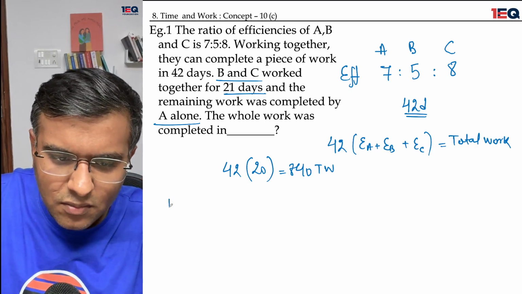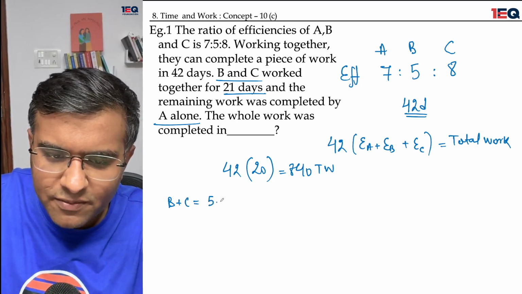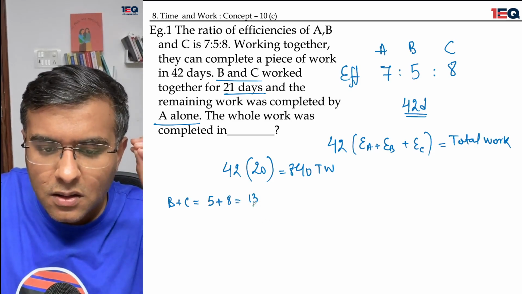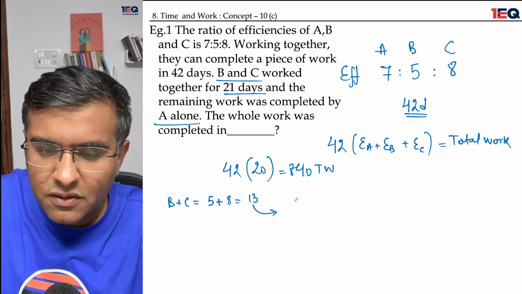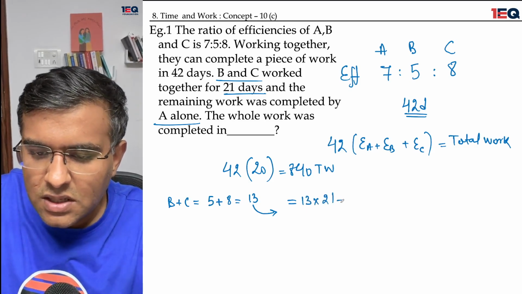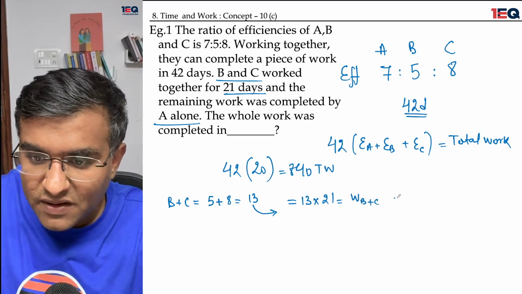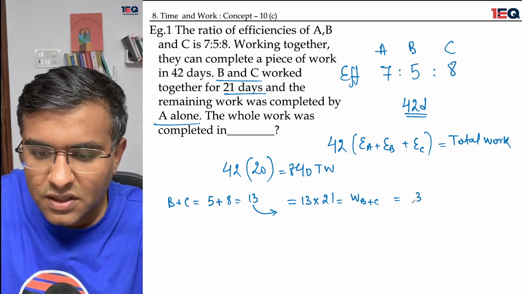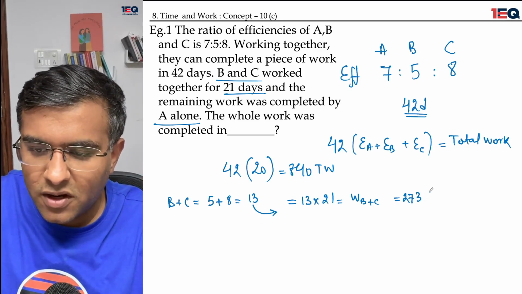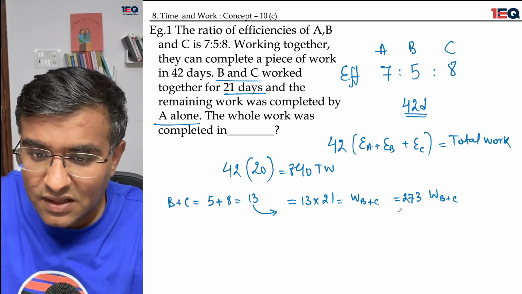Now, B and C have worked together with a total efficiency of 5 plus 8, equal to 13 efficiency. With the help of the 13 efficiency, they have worked for 21 days. So 13 efficiency multiplied by 21 days is the work done by B plus C. What is the value of this work? 13 ones are 13, 13 twos are 26, 273. 273 work has already been done by B and C. What is the work left?